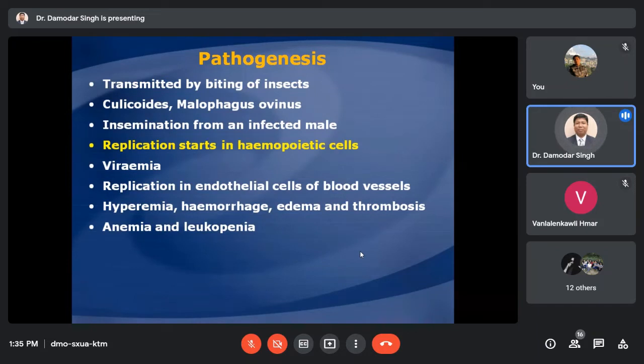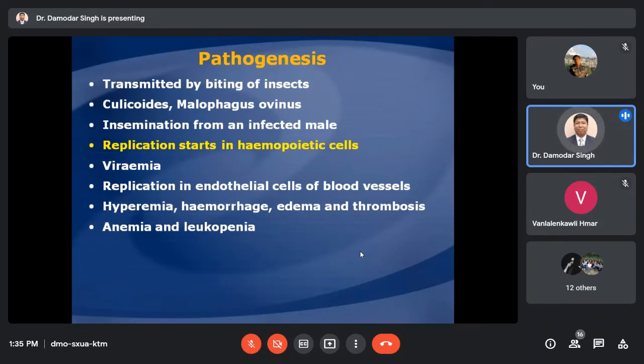Viral replication starts in the hemopoietic cells. Then they go into the circulation, leading to viremia. They may replicate in the endothelial cells of the blood vessels, leading to pathological changes due to injury to the endothelial cells.